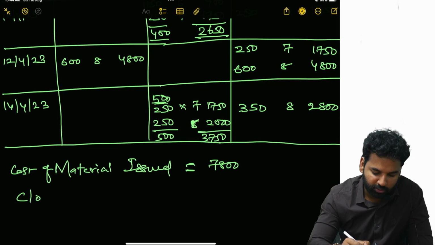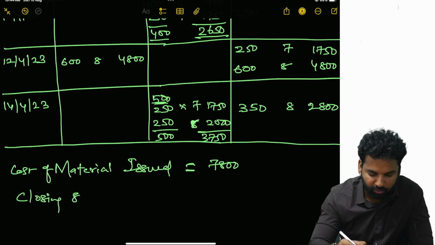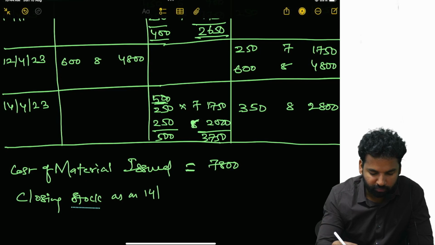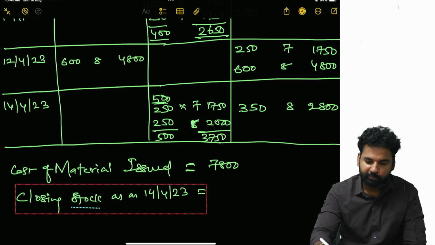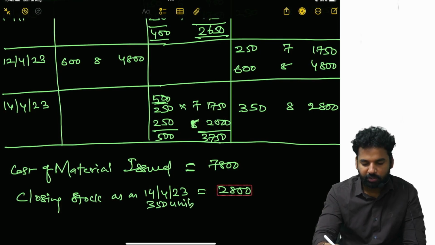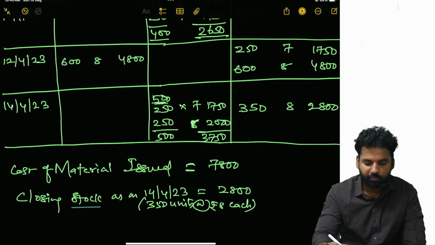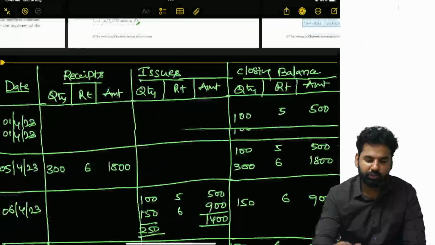So now what is the closing stock as on 14/4/23? Okay, how much? 2,800. So 350 units at 8 rupees each. 2,800 is the closing stock. Is this okay?